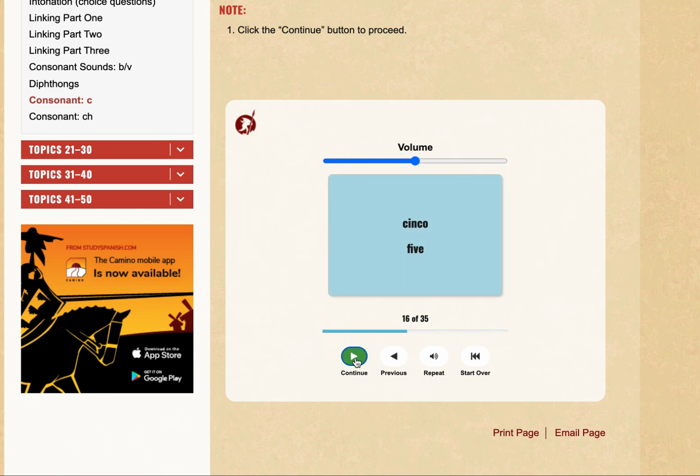Cinco. Okay. It's supposed to be like an S or a Z. Zinco. So it's definitely not like a Zinco. It's more like cinco. Cinco, 5.